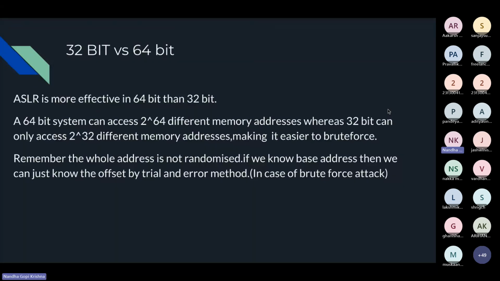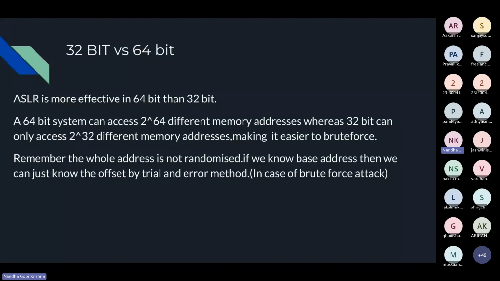ASLR is more effective in a 64-bit system than in a 32-bit one. This is obvious because there are vastly greater numbers of memory addresses that could be taken in a 64-bit system.